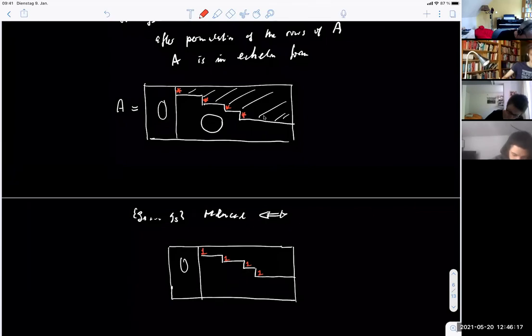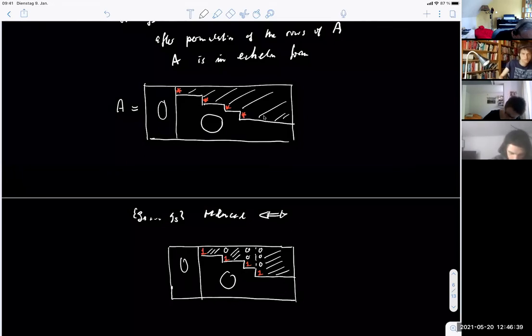And then below, as before, 0, but what is additional: here I also will have 0 and 0 and 0 and 0, and otherwise anything. So this is reduced echelon form.